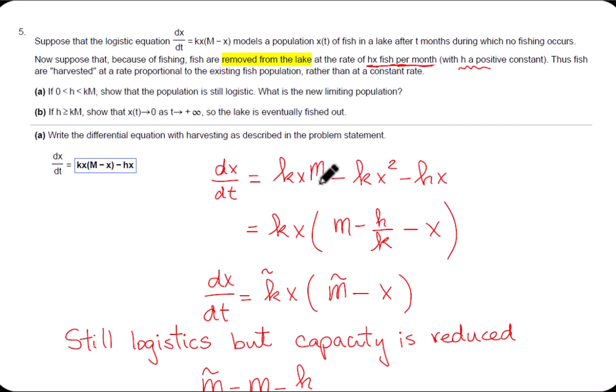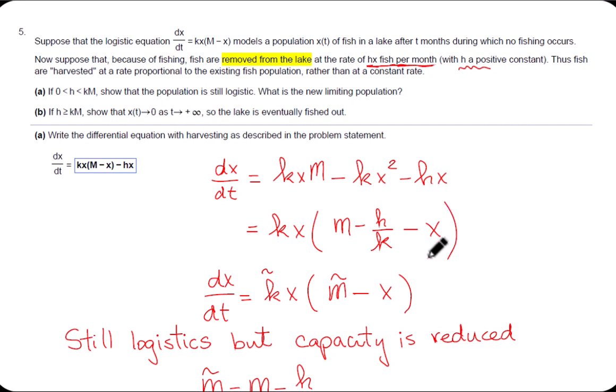All right, so here's my model. I multiplied by kx and then factored out a kx.